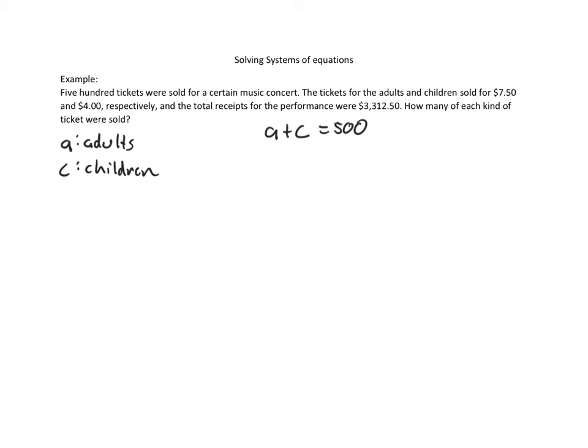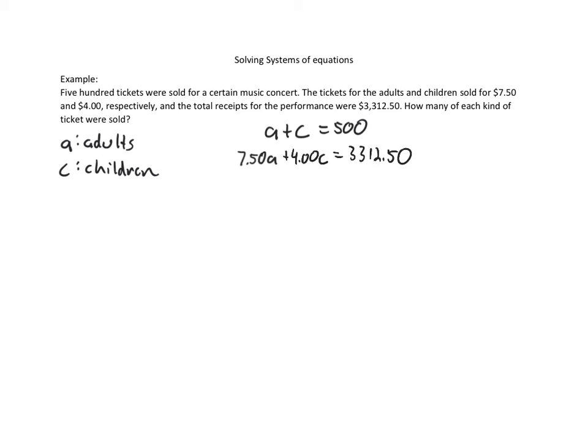And if I know $7.50 and $4 for those tickets, then $7.50 times the number of adult tickets plus $4 times the number of children tickets should equal $3,312.50. So I've created my system of equations.